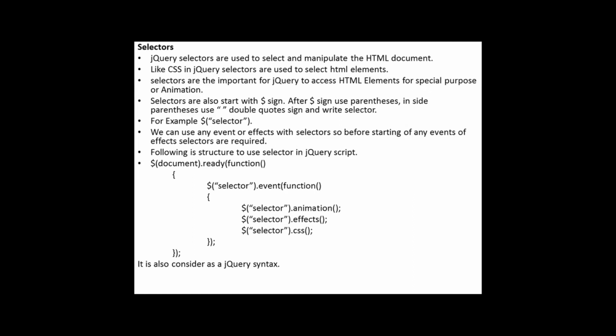For example, in this way we write a selector: dollar, then parentheses, then double quotes, and inside the double quotes the selector name. Then a dot is used to add any event, effects, CSS or animations.